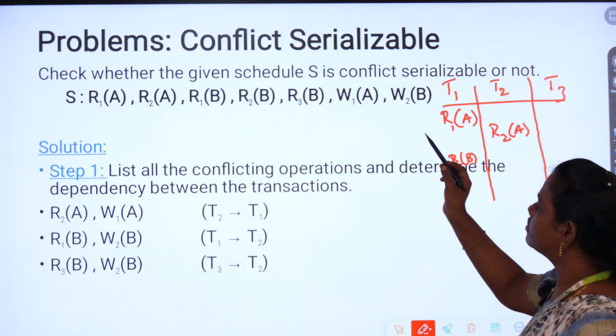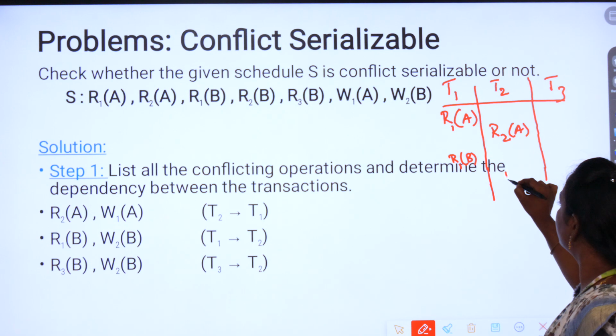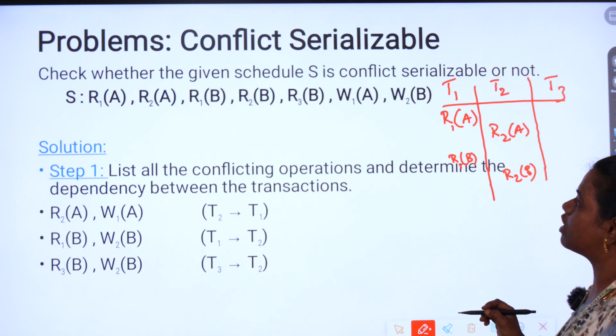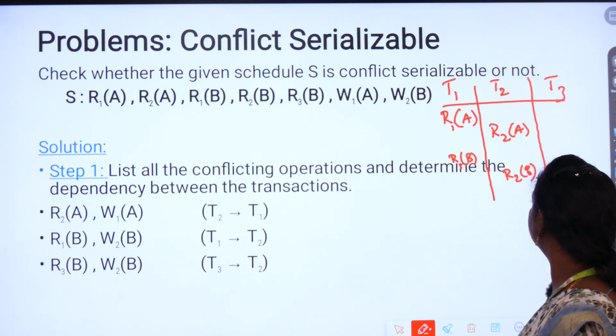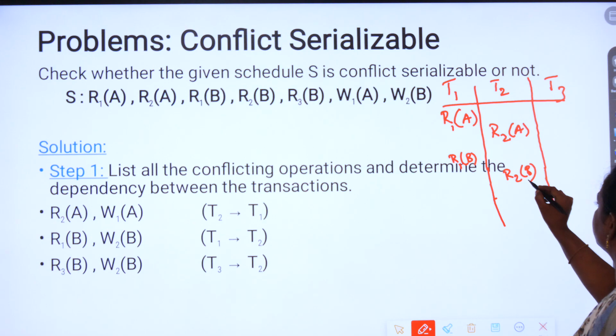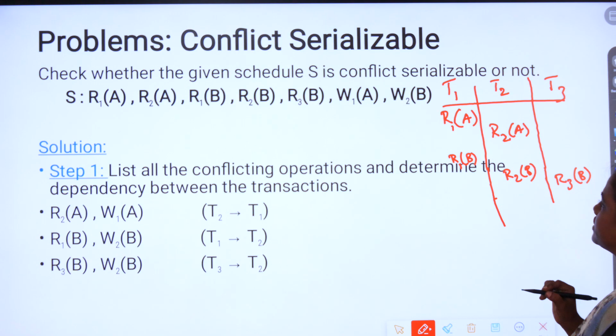Then next is R2 of B, a read operation in transaction 2. And the next is R3 of B, where we read the data B in transaction 3.